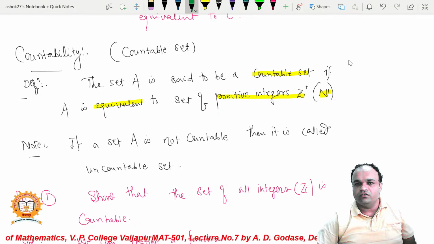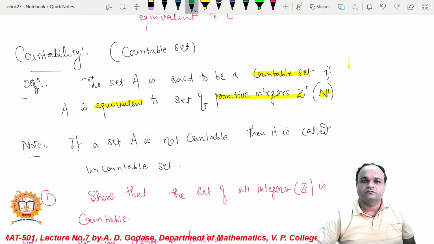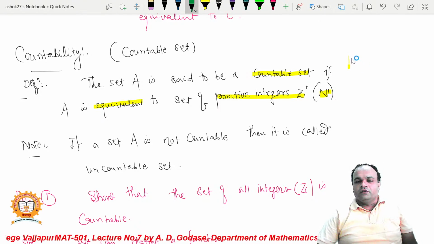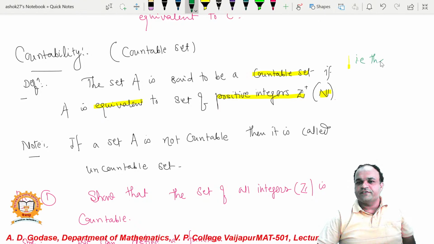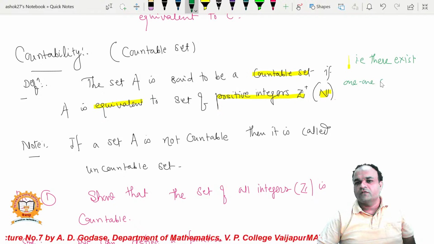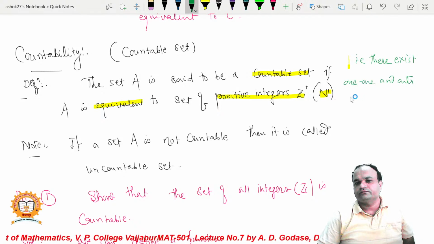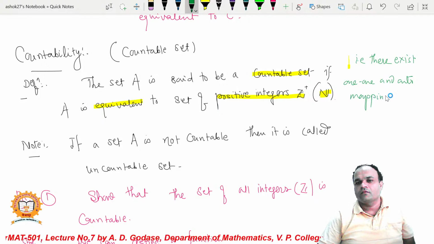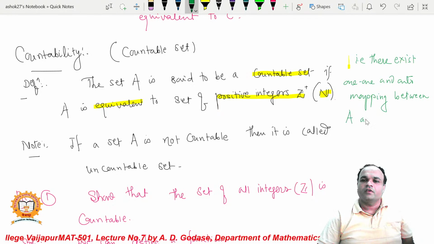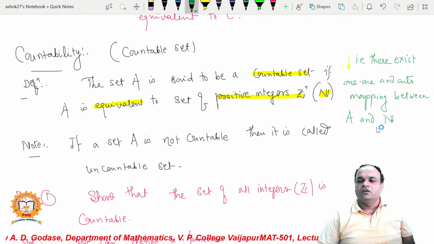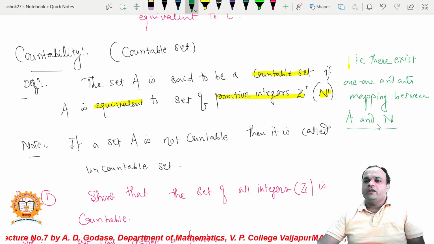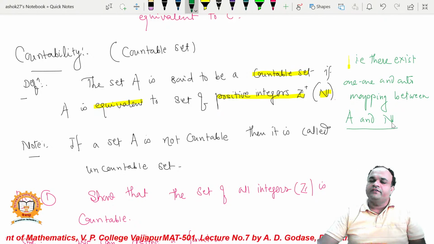In short, you can write that there exists a one-one and onto mapping between set A and the set of natural numbers, or from the set of natural numbers to set A. So there is a one-to-one correspondence between A and the set of natural numbers.